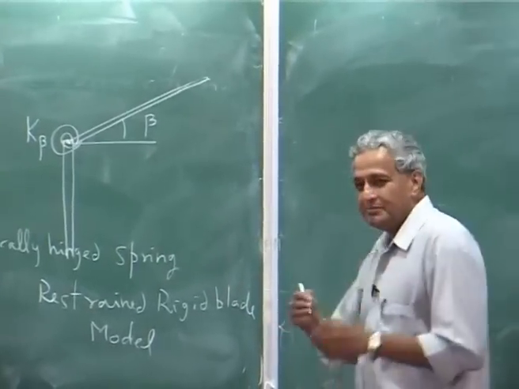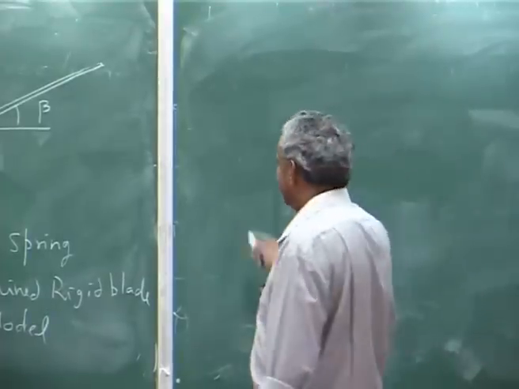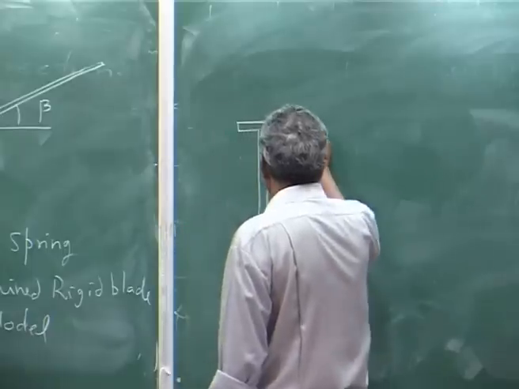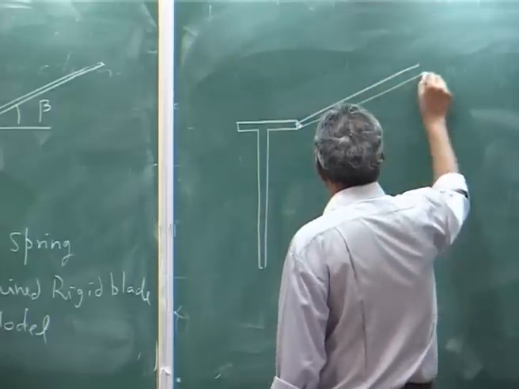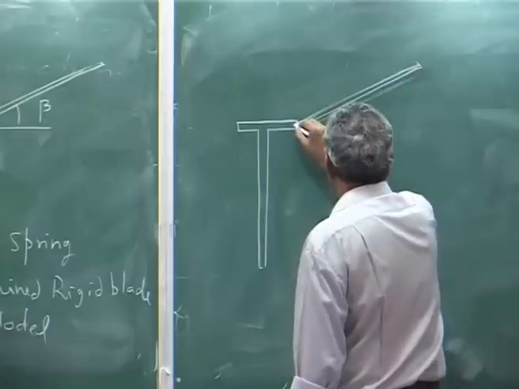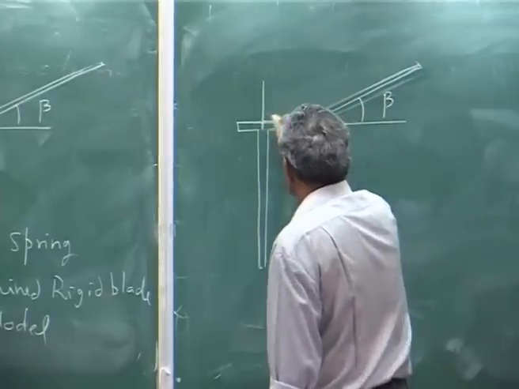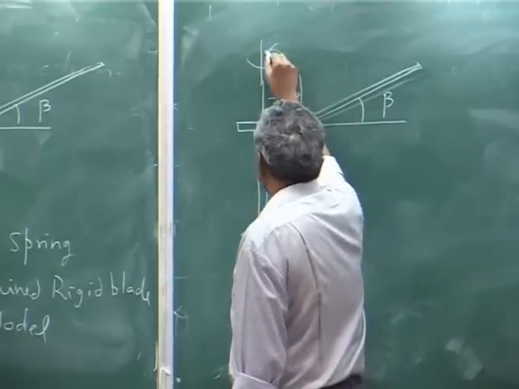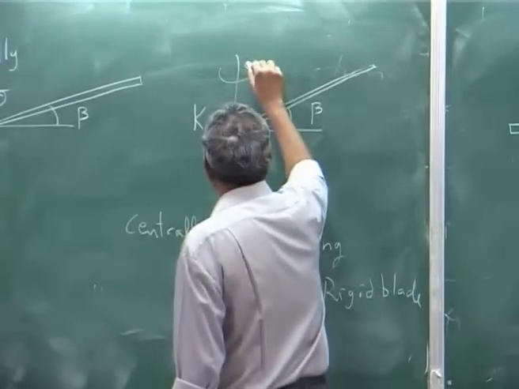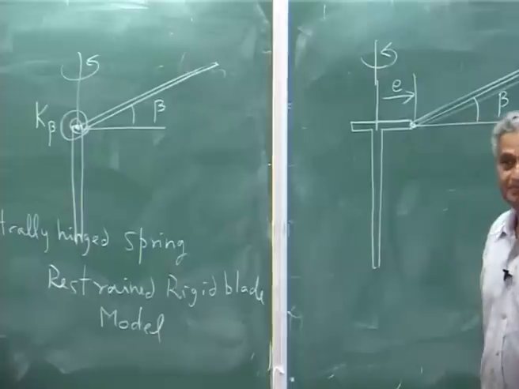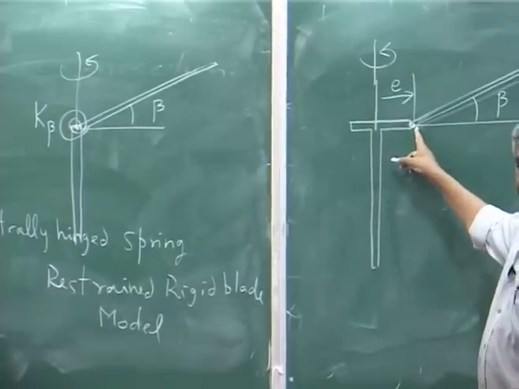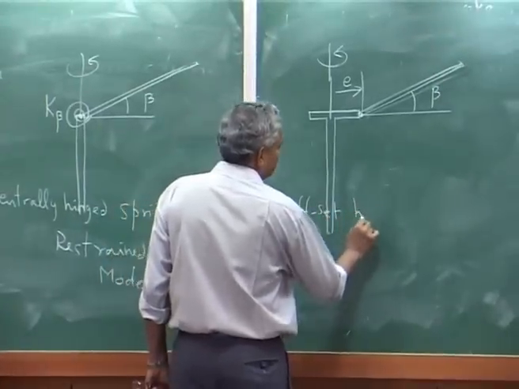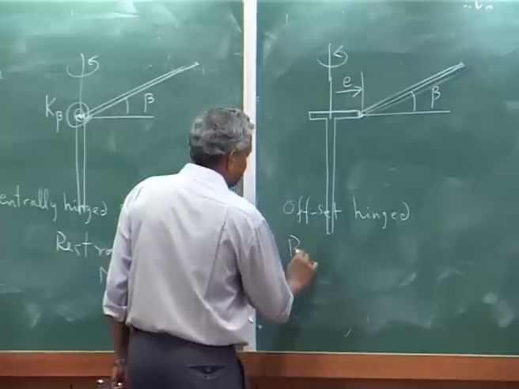As we go along, a slightly more advanced model is, you can take this, an articulated blade. That means offset hinged rigid blade.